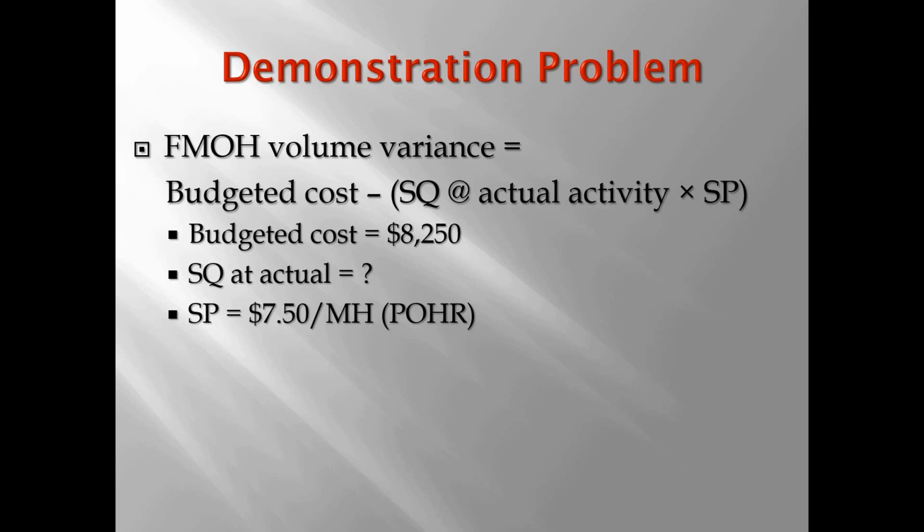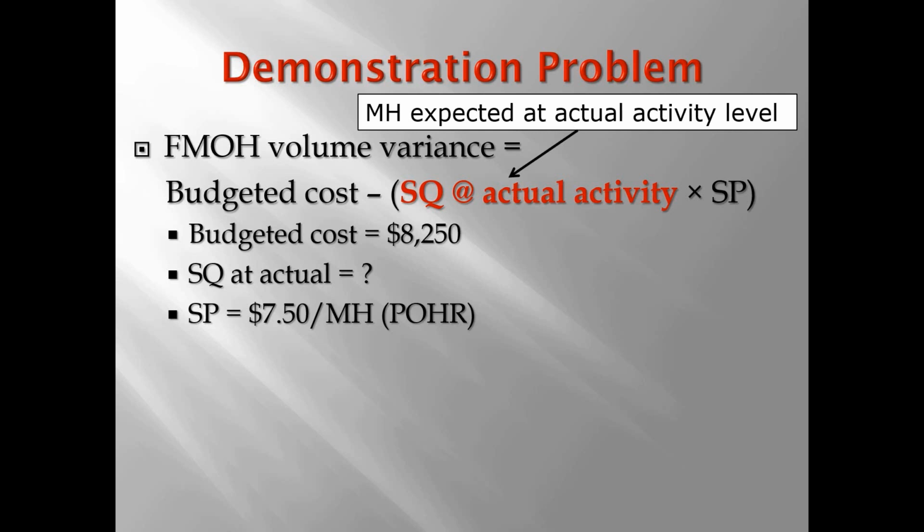$7.50 per machine hour. But what about the standard quantity at the actual level of activity? That amount represents how many machine hours the firm would expect to use at the actual level of activity. And we can figure that out because we know that the firm expects that it will use 11 machine hours per unit, and the actual level of activity was 110 units.